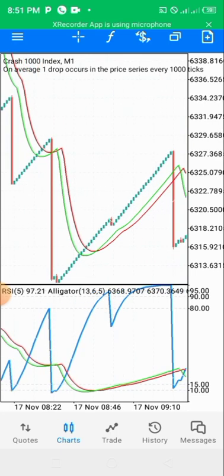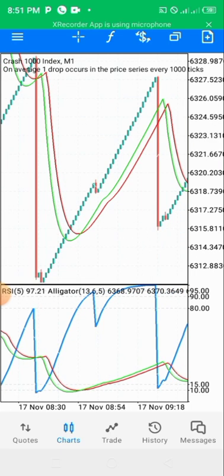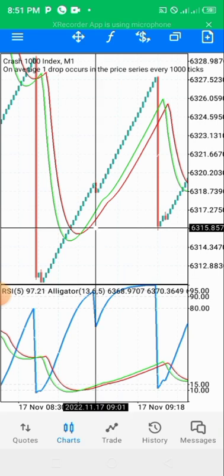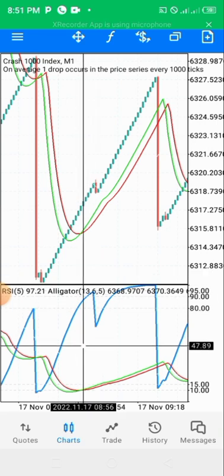Before you buy, you have to make sure that we have 3 conditions here. All these 3 conditions have to be in place before you can actually make that buy trade. The first condition you'll be looking out for is on your indicator window 1.